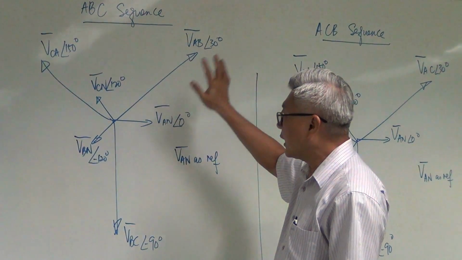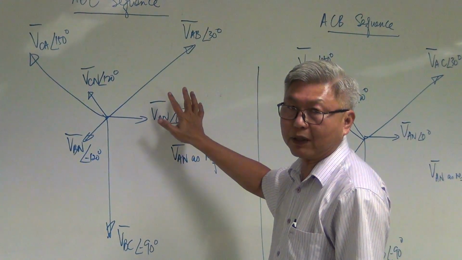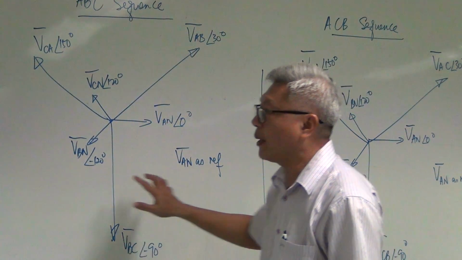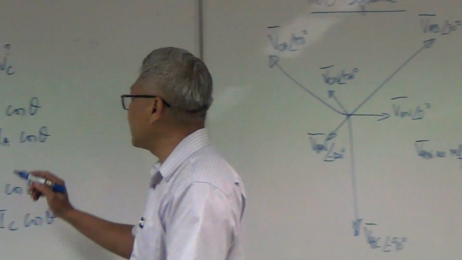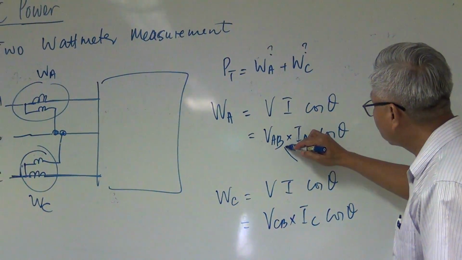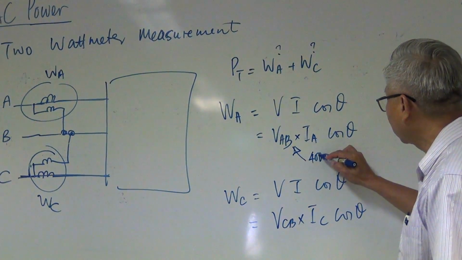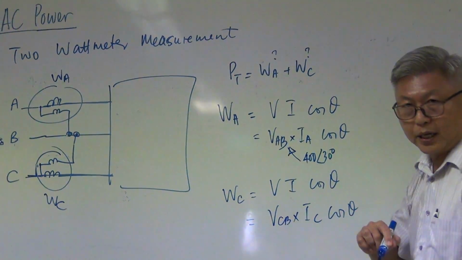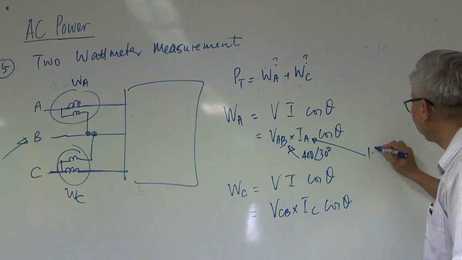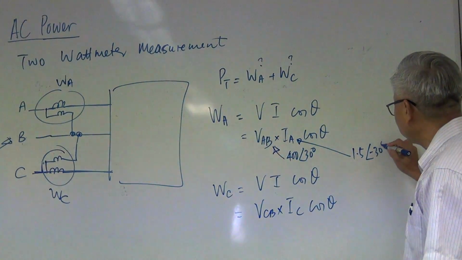So let's take it that VAN is the reference in my system. I will say that my VAB is equal to 400 volts at 30 degrees, and if I say that IA is equal to 1.5 at minus 30 degrees ampere.